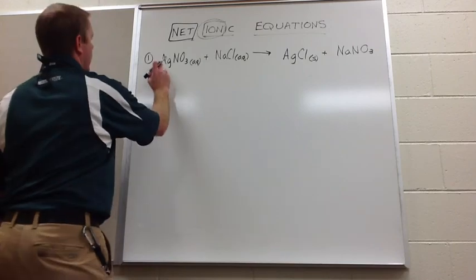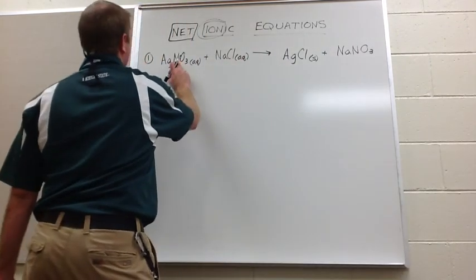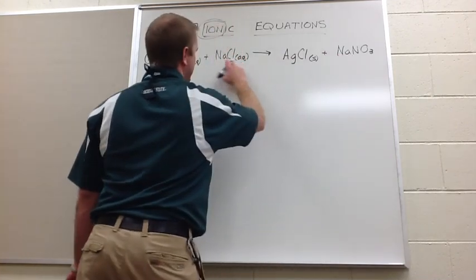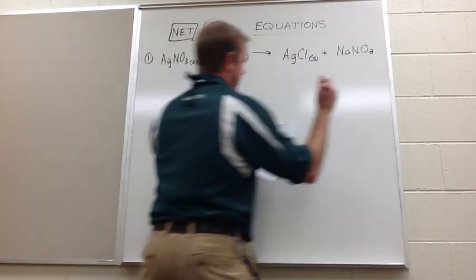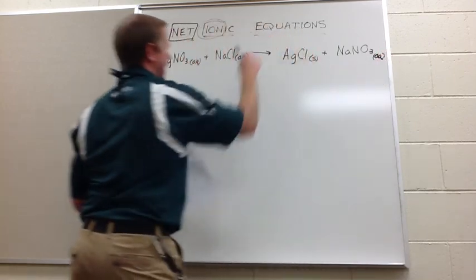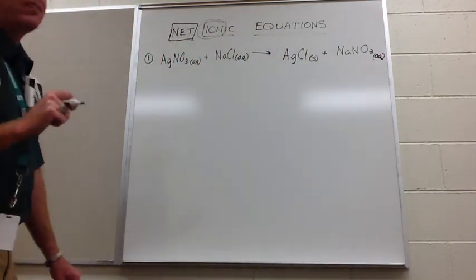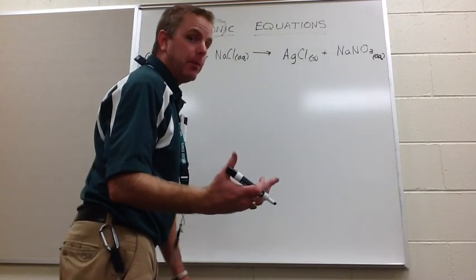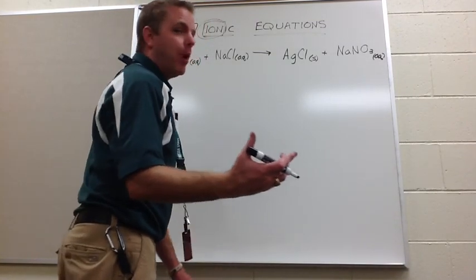balanced. 1 silver, 1 silver. 1 NO3, 1 NO3. 1 Na, 1 Na, 1 Cl, 1 Cl. It's balanced. And by the way, this was also aqueous. That information has to be given to you to do a net ionic equation. So we said things that are dissolved in water, aqueous, are soluble. Okay? They can be broken apart.